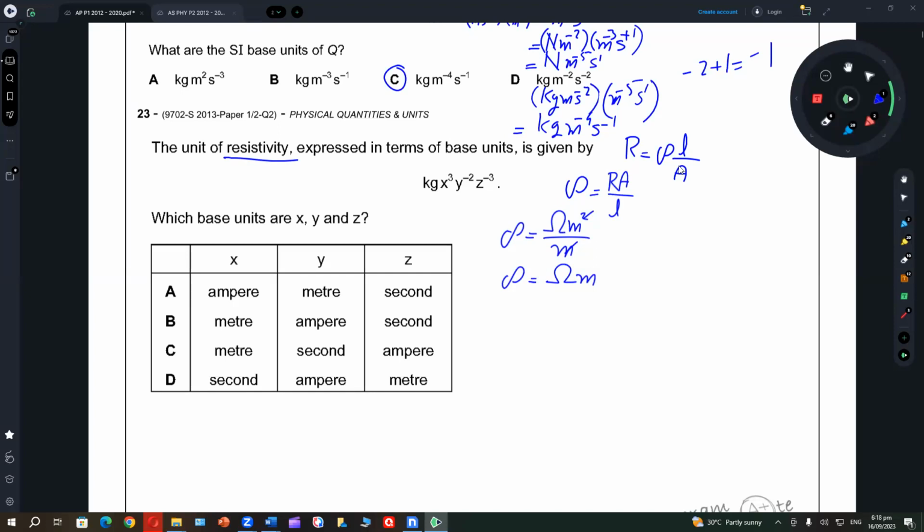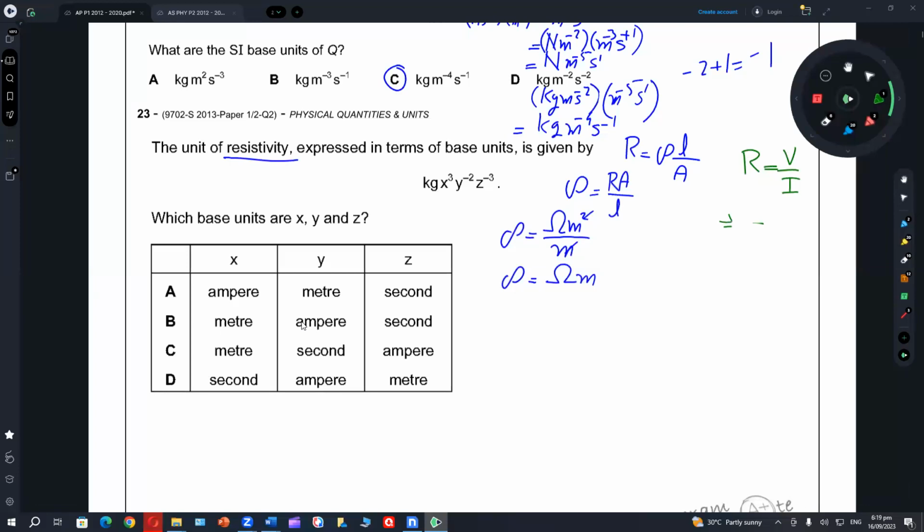Now, the unit of resistance is omega. How can I find the unit of omega? Let me work separately for omega. If you remember it, resistance is equal to voltage upon current. So R, if I take the units here, I do not know the unit of resistance, omega.